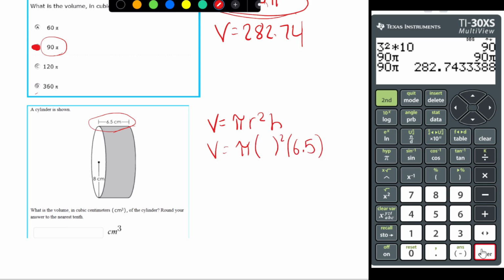Our radius is 8, because you see this line only goes from the halfway spot to the edge. So that's going to be our radius, 8. Now, since it wants us to round to the nearest tenth, and it doesn't want an answer in the form of pi, we can just put all this in one go.